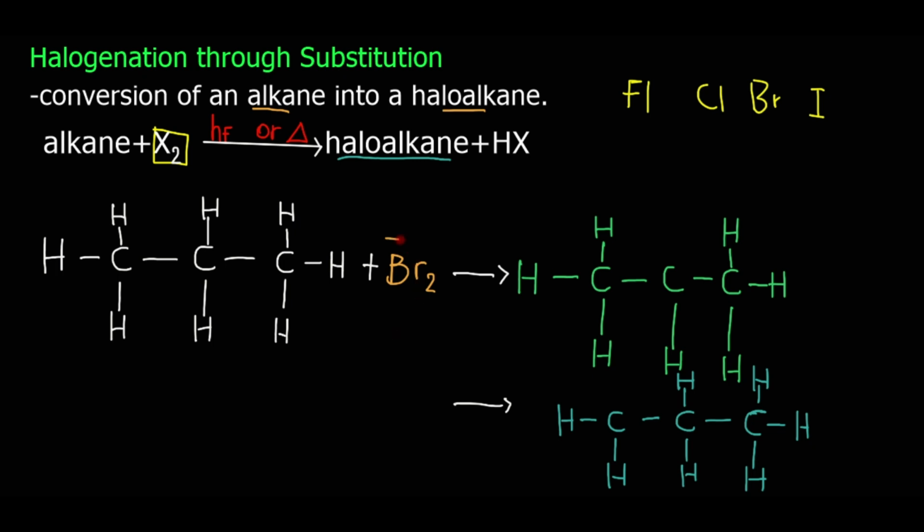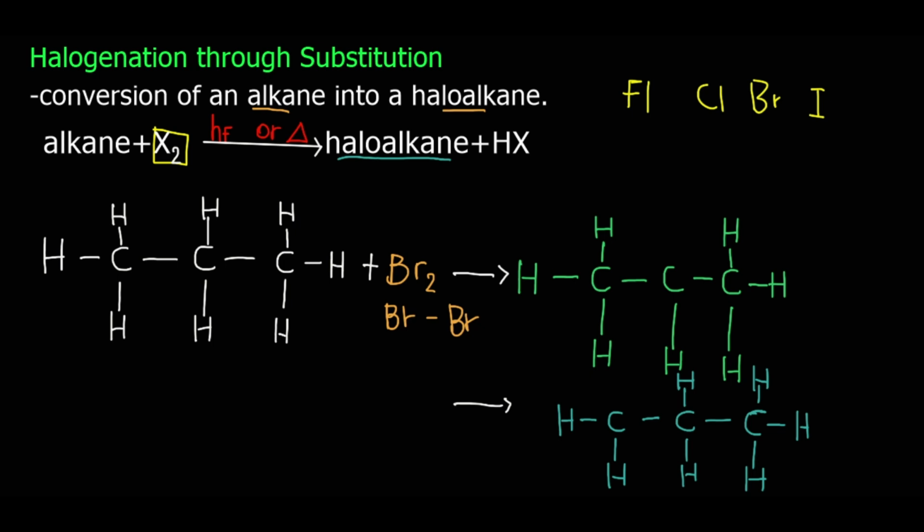In this case we will use bromine. This bromine I can write in this way. So it's the same thing. We take this bromine and put it on the hydrogen's place, and take the hydrogen and put it in the bromine's place. But the question is, which hydrogen?